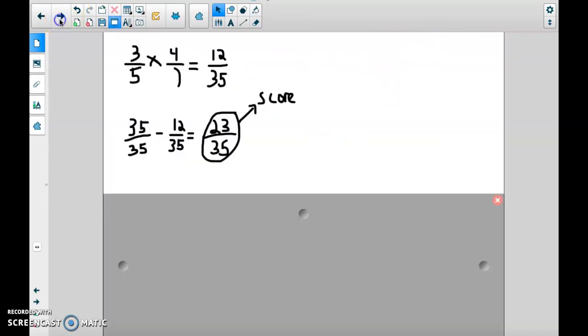And then I would solve that like I did here. And I get 12/35, right? So that's my product. But then my score would be, all right, what's the difference between this and one whole? Since my denominator is 35, one whole here is 35/35. Take away 12/35, left with 23/35.